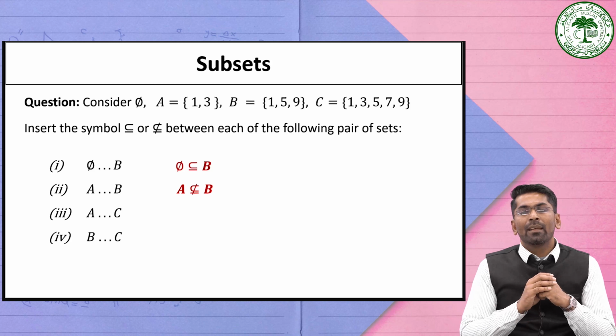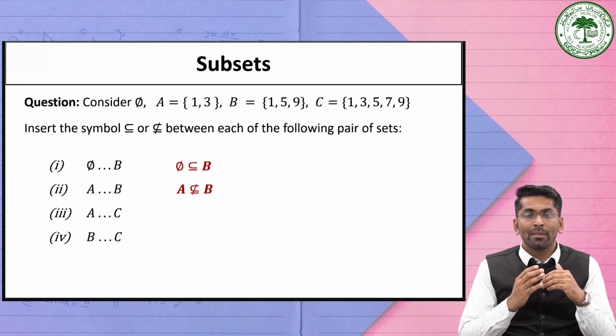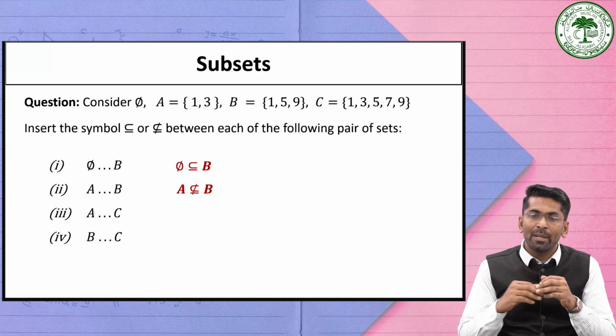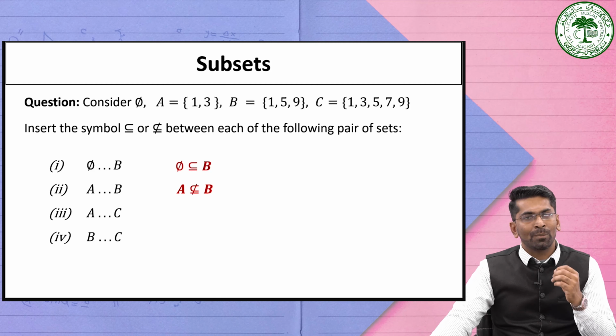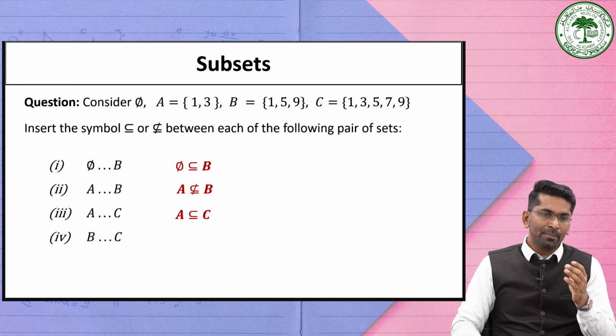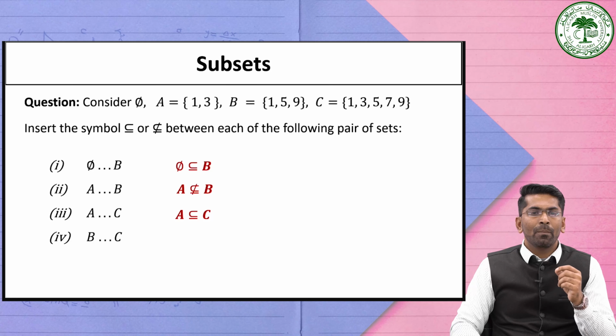Similarly, the third question: is set A a subset of set C or not? Set A has the elements 1 and 3. Set C has the elements 1, 3, 5, 7, 9. Here set A is of course a subset of set C because every element in set A is also an element of set C. Therefore, A is a subset of C. Similarly, the last question: is B a subset of C or not?